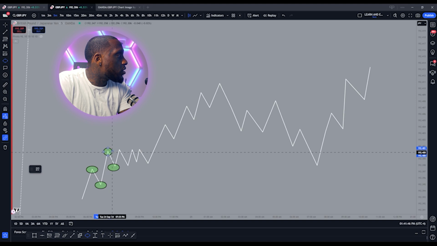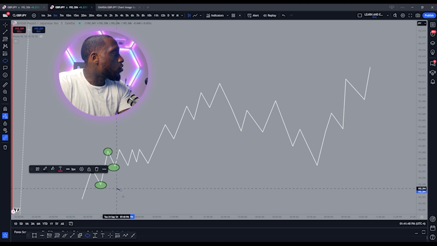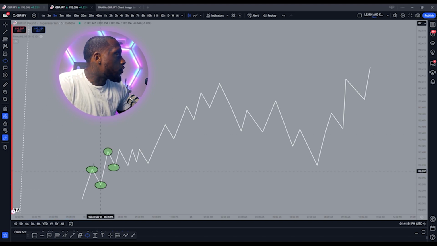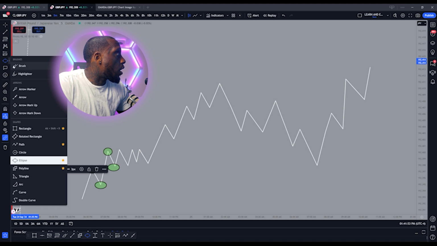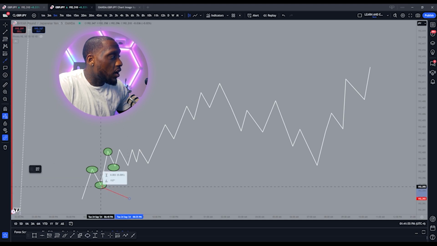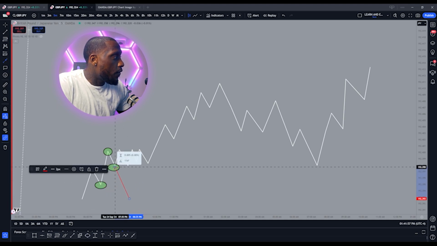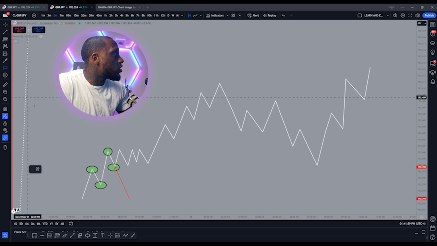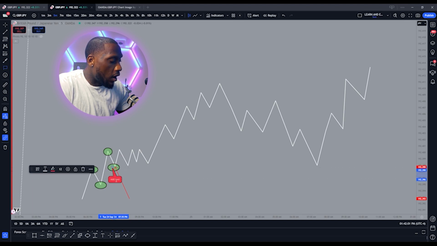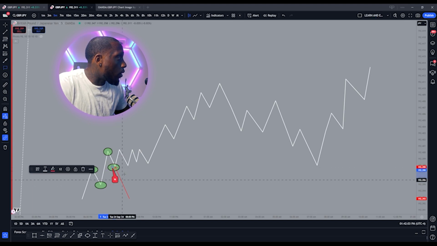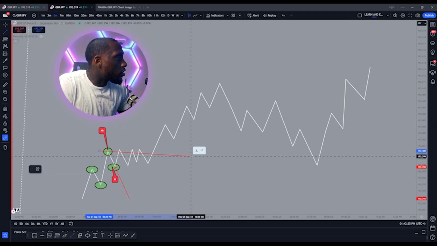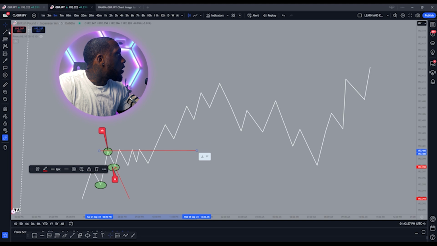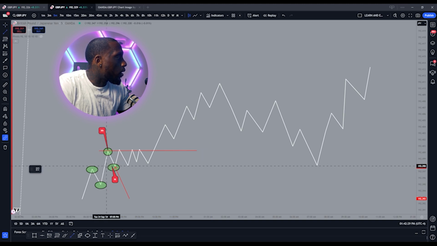The very first position that you get is going to be a form of structure, a higher low or a lower high. Because in this example we're in an uptrend, this very first position before the range is going to be our higher high, our higher low. Obviously, this right here is going to be our higher high, right? Cool. We're going to mark this off here, and we're going to mark this off here.